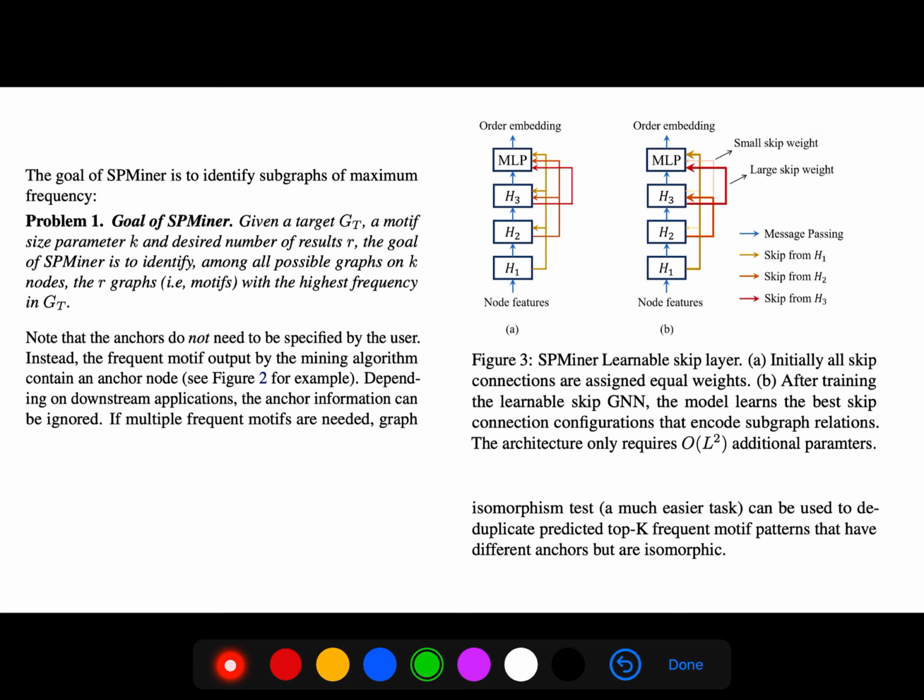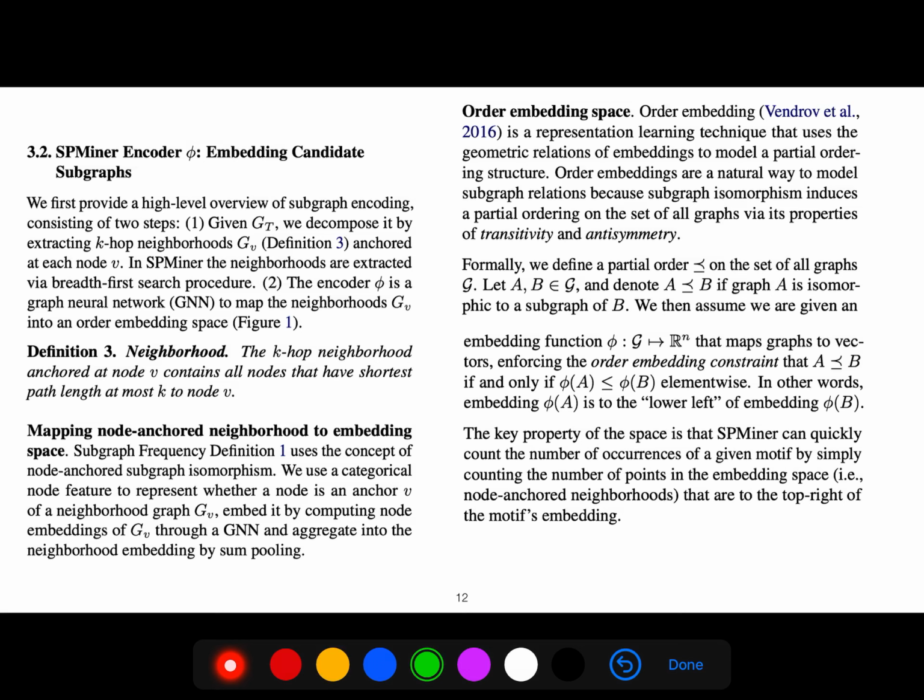SPMiner learnable skip layer. You see, initially all skip connections are assigned equal weights, but after training the learnable skip GNN, the model learns the best skip connections.